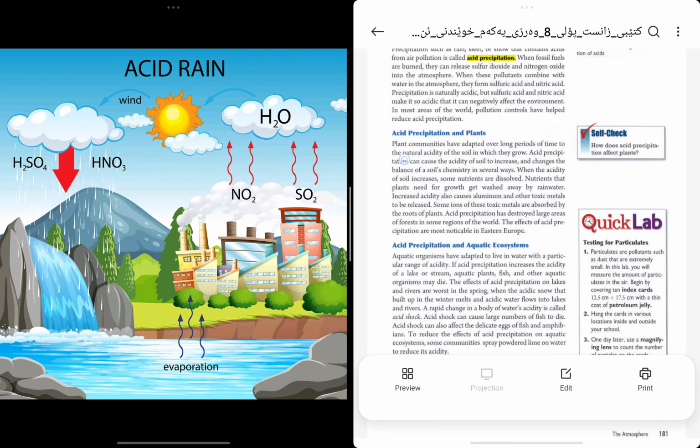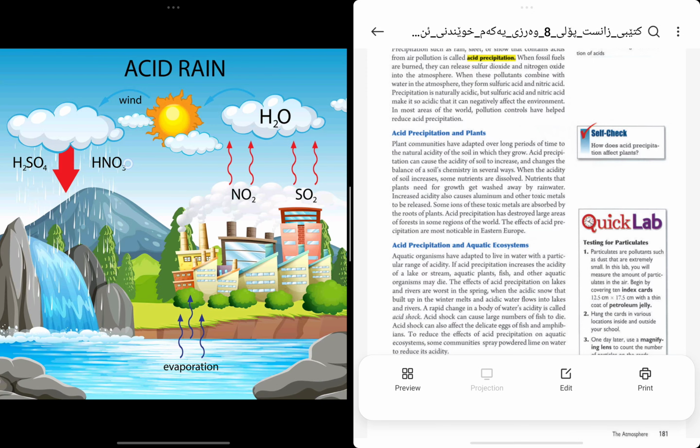They make the soil too acidic. You know that anything that God created on this planet has a specific acidity. There's a range of acidity for each thing, and they have to stay in balance, in their normal range.